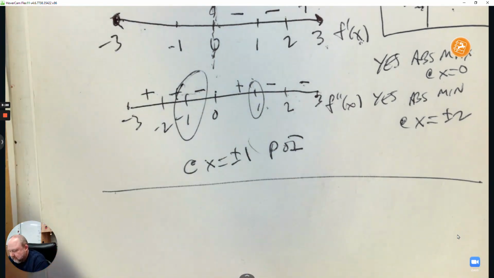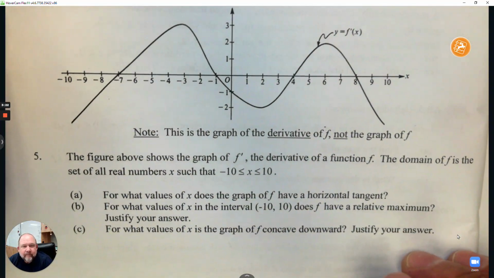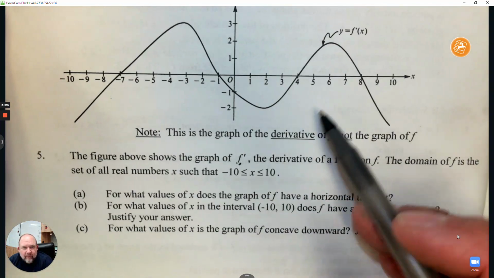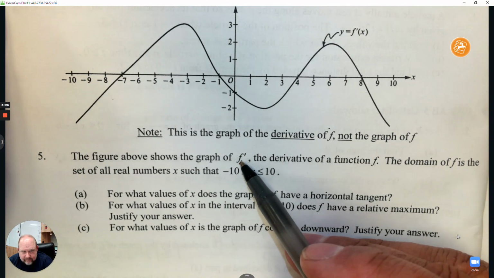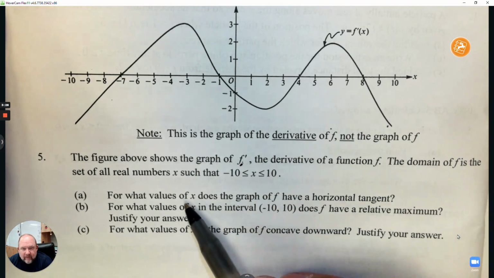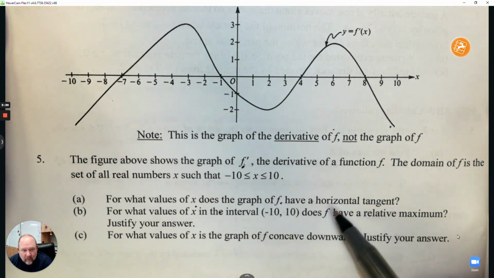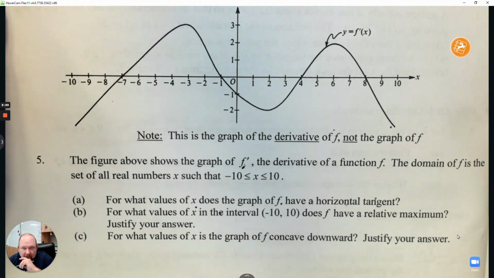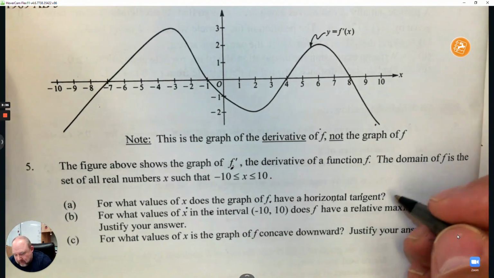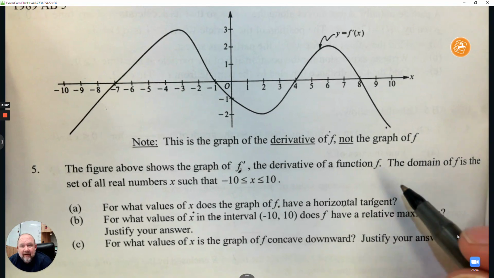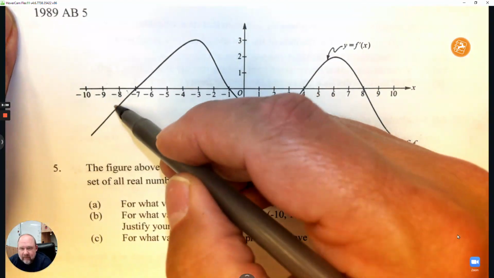The next one, right here. The figure above shows the derivative from -10 to 10. It says, at what values of x does the graph have a horizontal tangent? So a horizontal tangent is another word for a turning point. And this turns when the signs change.